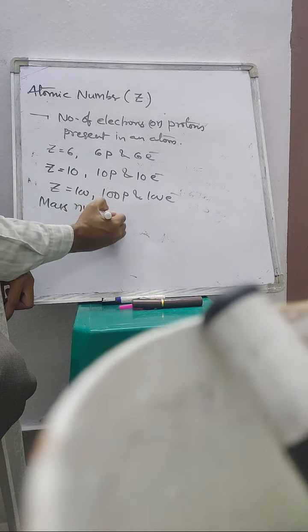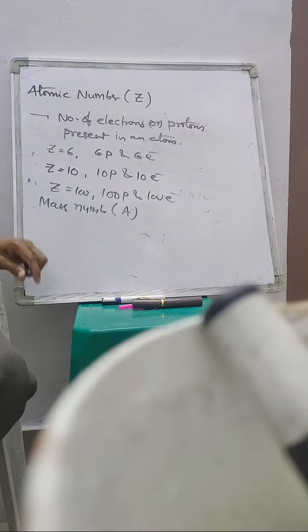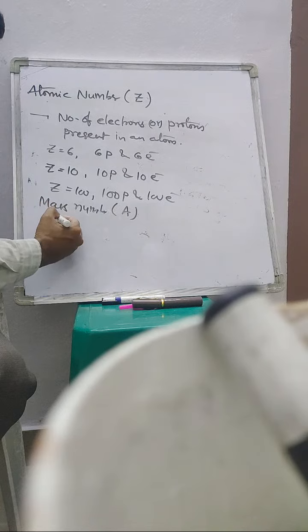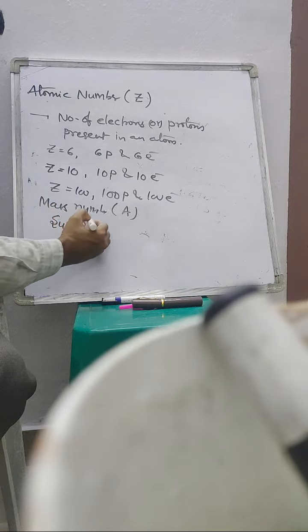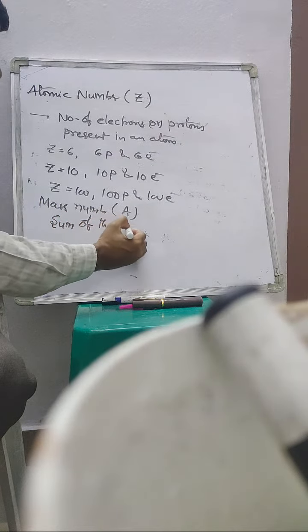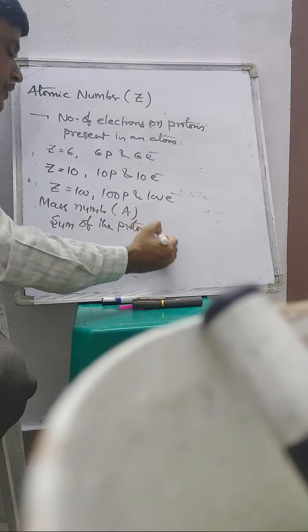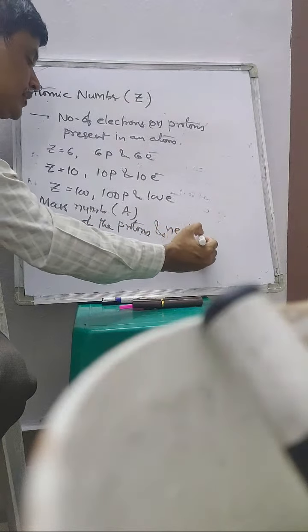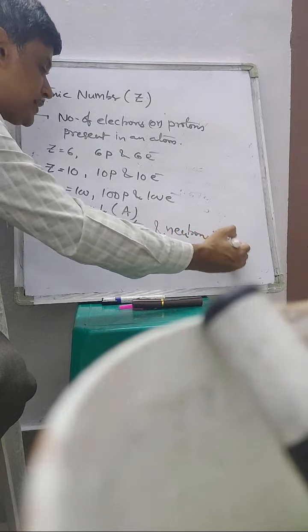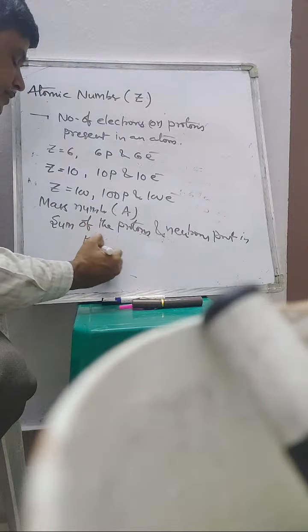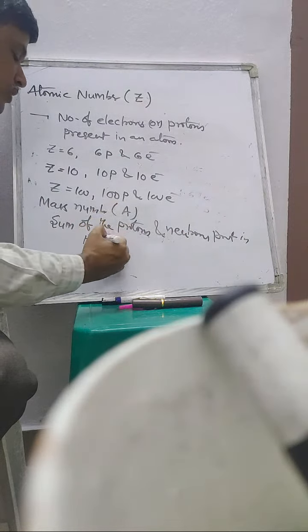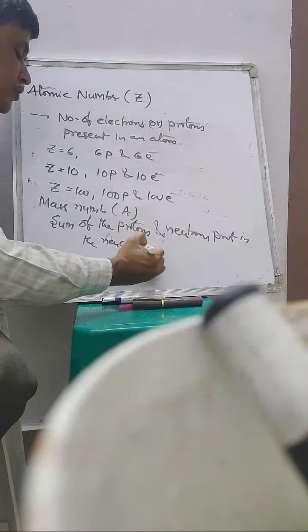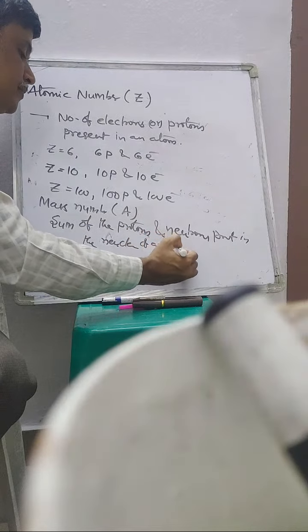Mass number is denoted with capital A and is the sum of the protons and neutrons present in the nucleus of an atom.